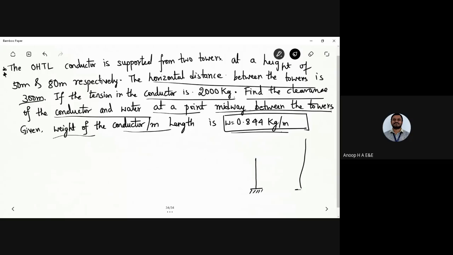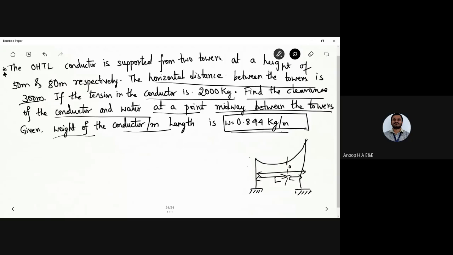It is more or less like this. So I have the span length like this one.